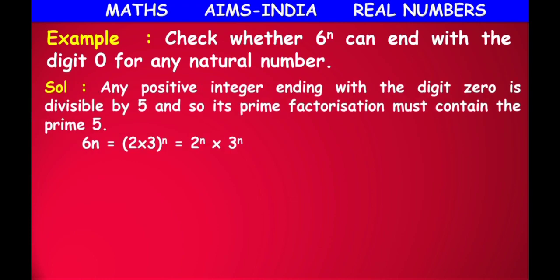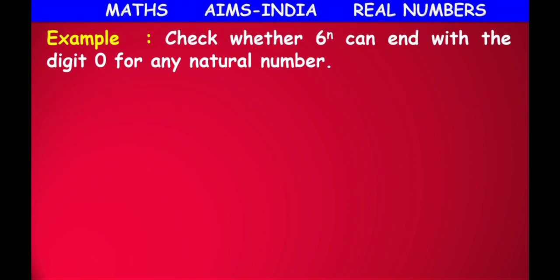Okay, children, let's see some examples regarding this fundamental theorem of arithmetic. The question is: check whether 6 power n can end with the digit 0 for any natural number n. The given number is 6 power n.